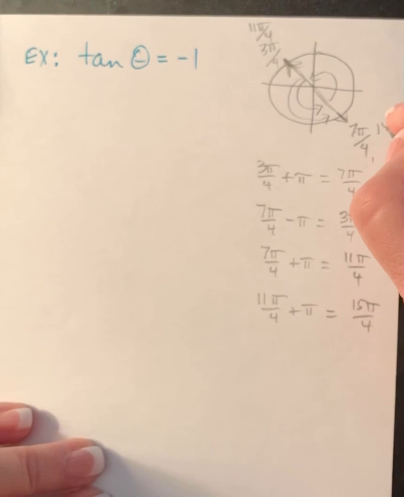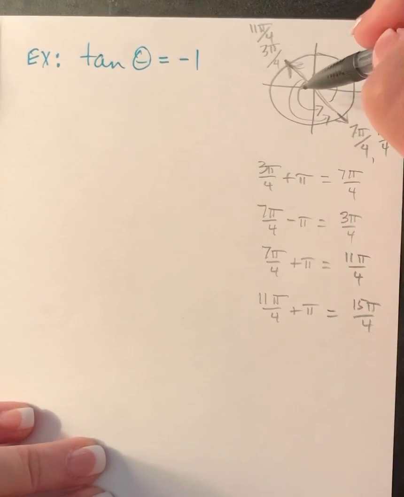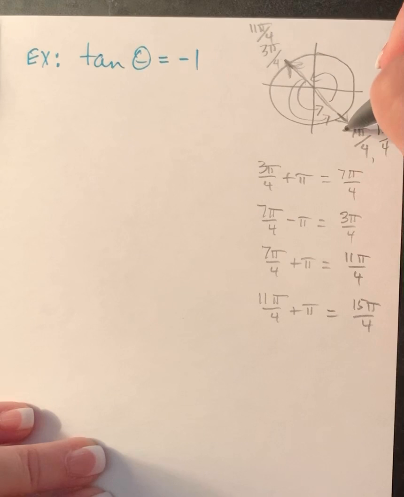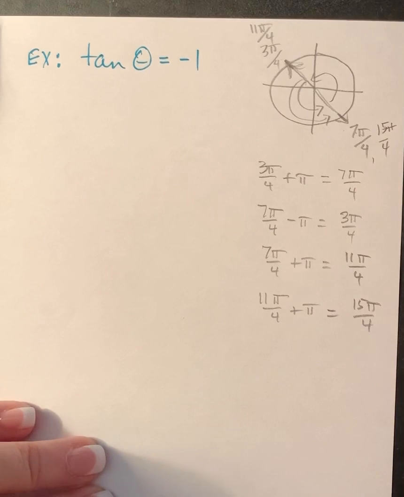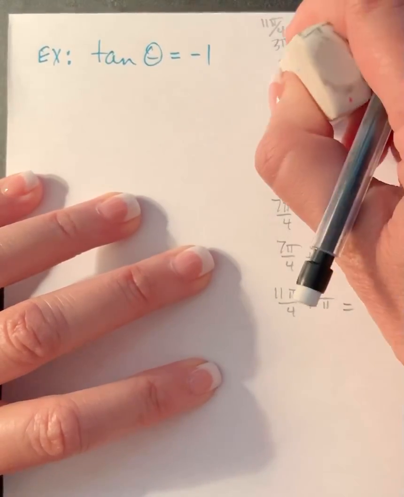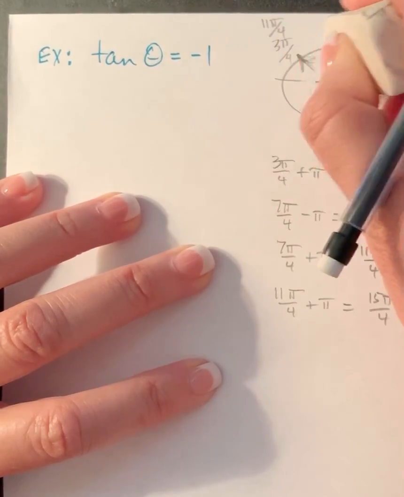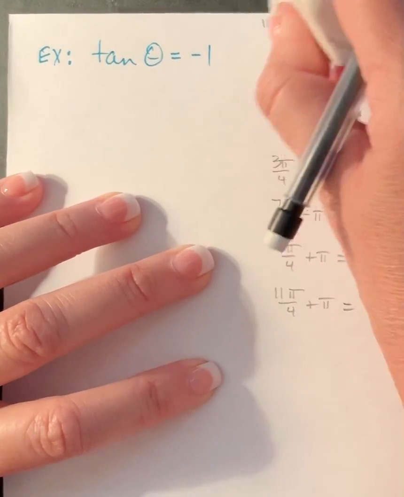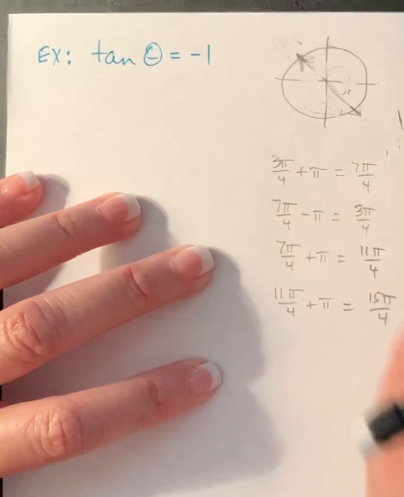So, what's going on here, since these are directly across the circle from each other, they are spaced apart by pi units. So, to find all the angles that are answers to this, I don't need to add on multiples of 2 pi. Adding on multiples of pi will do the trick. So, what I will do when I see that there are 2 places in the unit circle, but they're directly across from each other, is I won't try to use both of them.